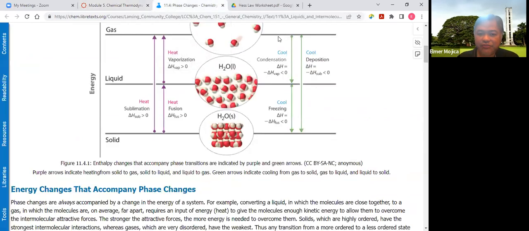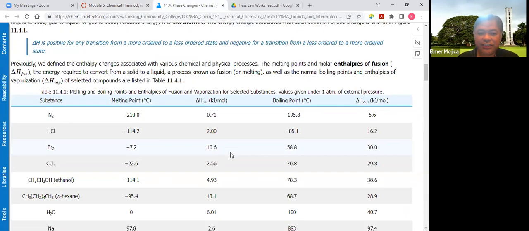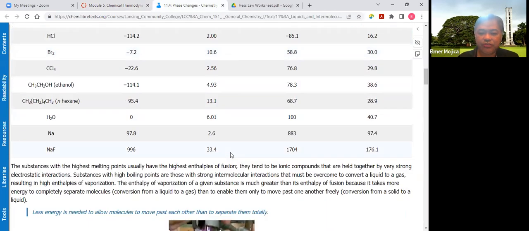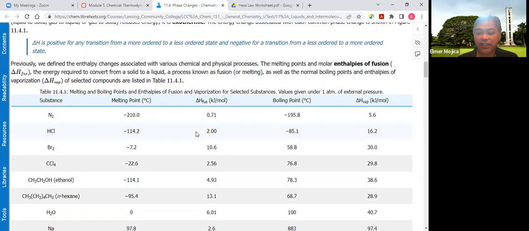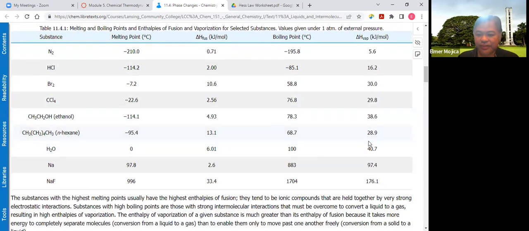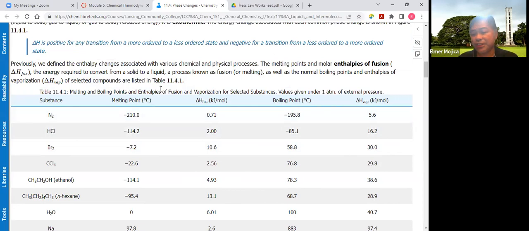And the phase changes that we have, this is what we call the heating curve or cooling curve. If you look at the values here, heat of fusion, boiling point, heat of vaporization, the heat of vaporization is always higher than the heat of fusion. Make sense? Right? Yes po. Okay.